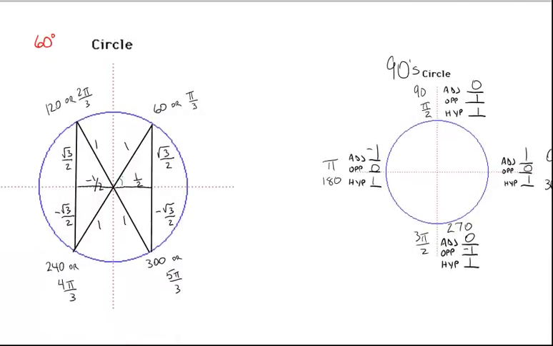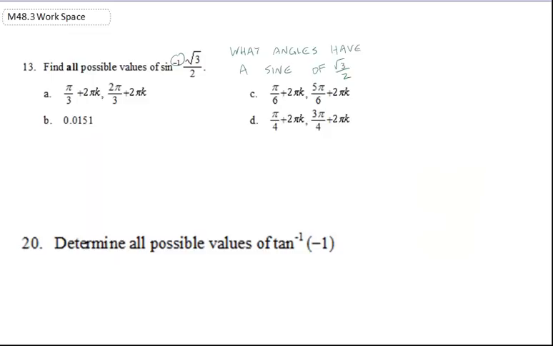When I look at 60 degrees right here, I see that its opposite side is radical 3 over 2. The hypotenuse is 1, and so the sine of 60 degrees is the square root of 3 over 2. So that's one of the answers we're looking for. So pi over 3, because that's in radians, and then we put the plus 2 pi k.